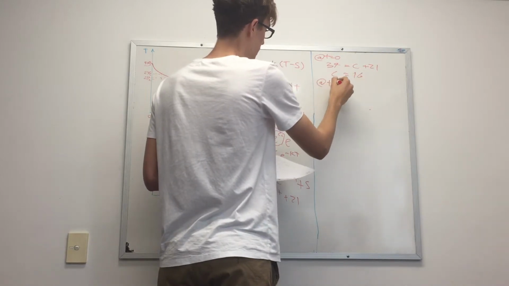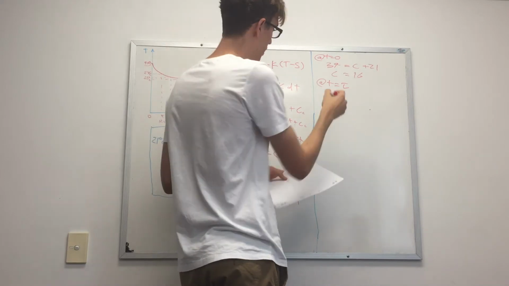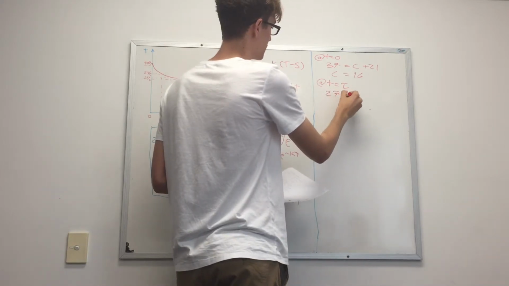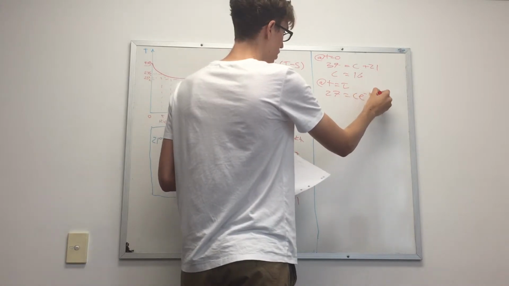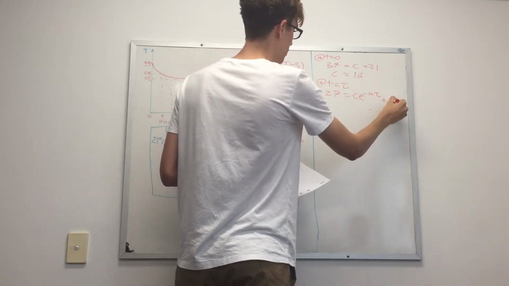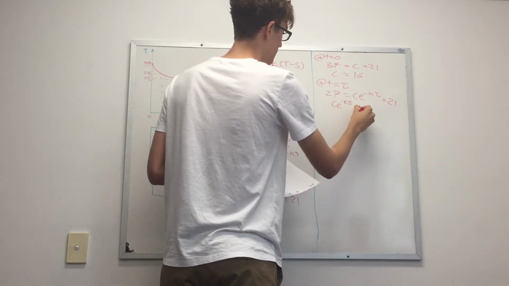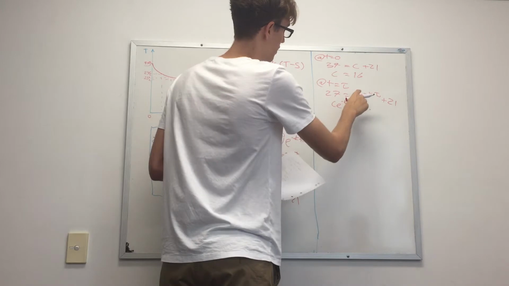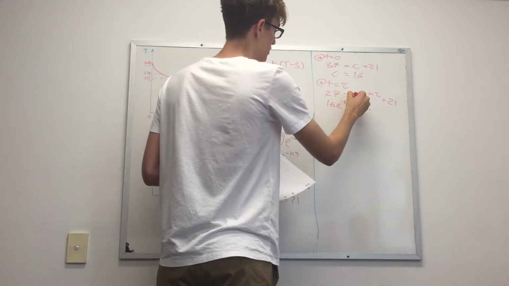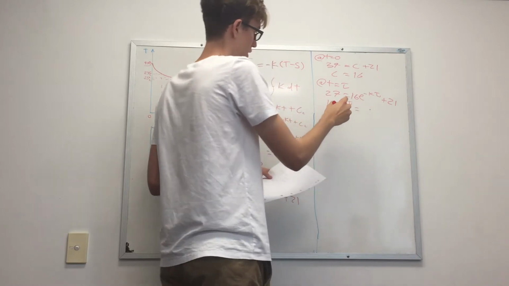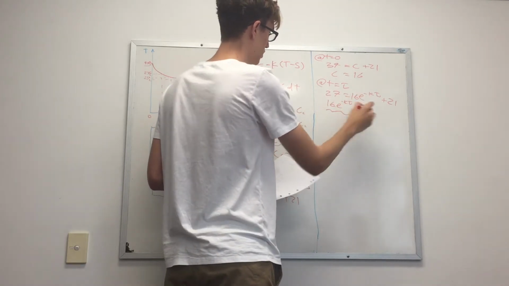At t equal to t_or, which is midnight, the body was 27 degrees, which is equal to C e to the negative k t_or plus 21, which means that C e to the negative k t_or is equal to, we can sub in C now, right? So 16 e to the negative k t_or is equal to 6, and we'll come back to this later.